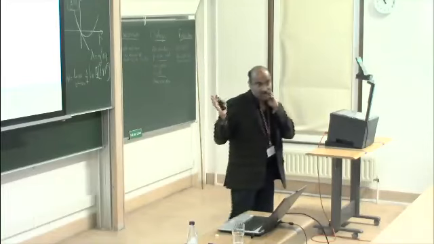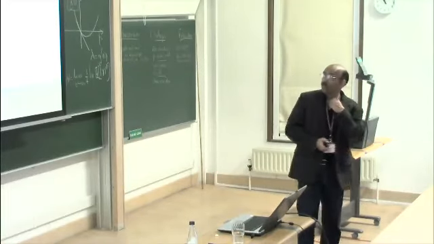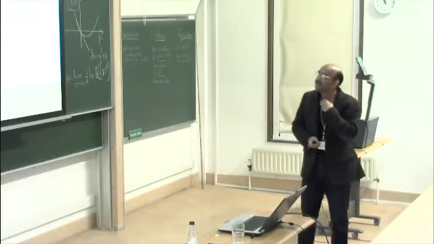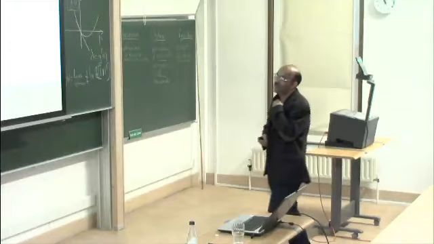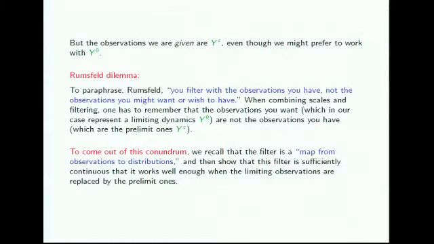This is an Air Force funded research, so we call it Rumsfeld dilemma, right? Let me paraphrase Rumsfeld. You filter with the observation you have, not with observations you might want or wish you have. Combining scales and filtering, you have to remember, the observation you have is y epsilon.